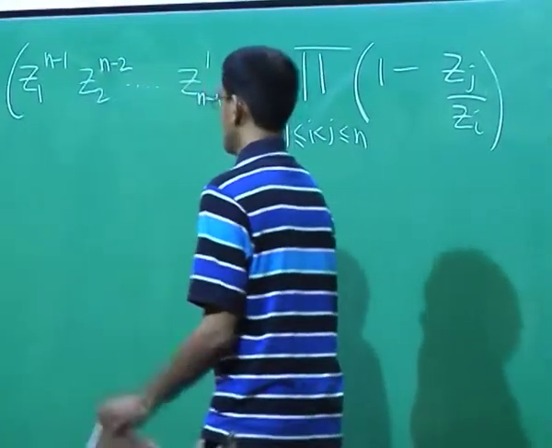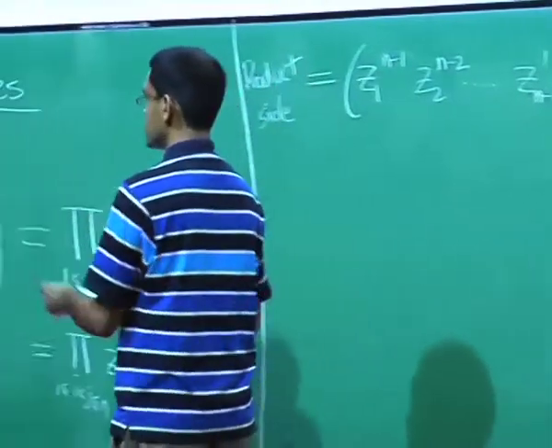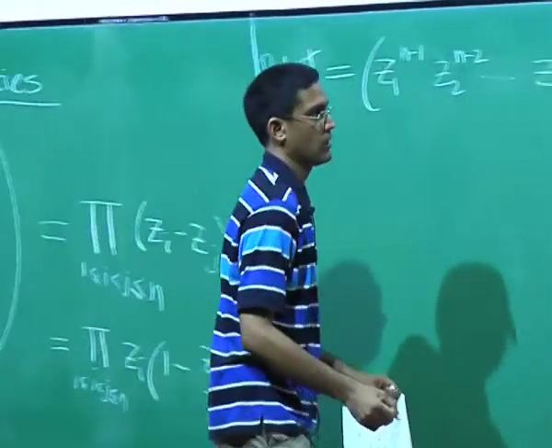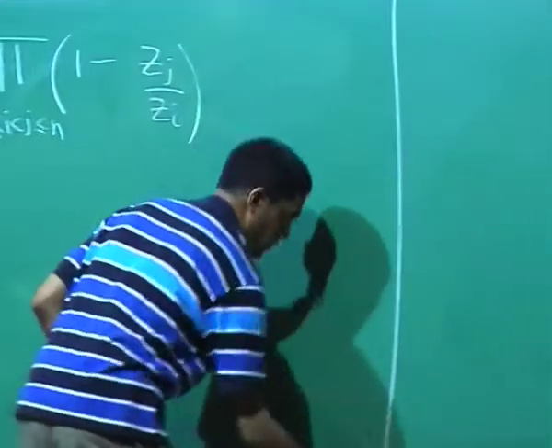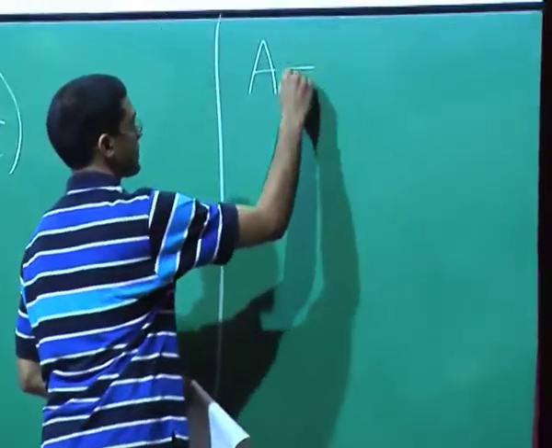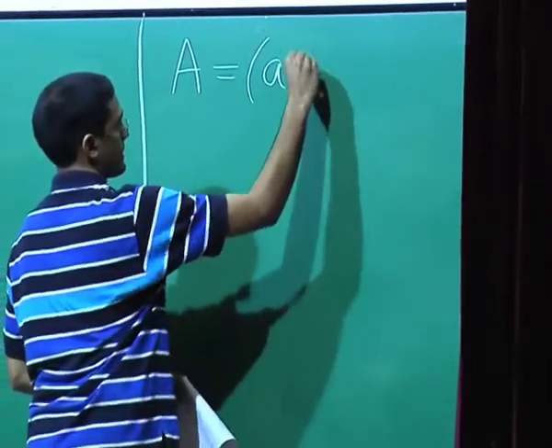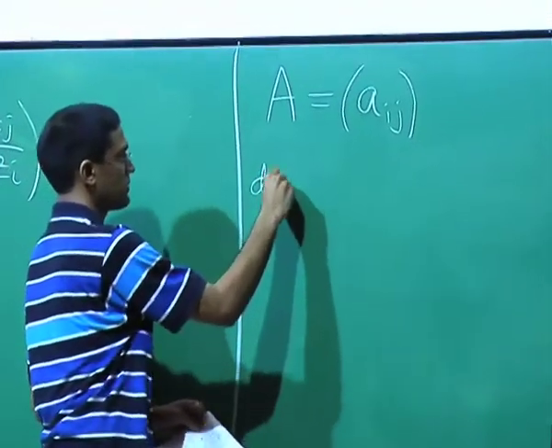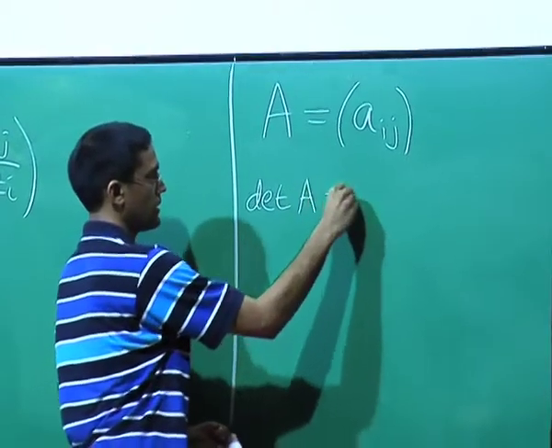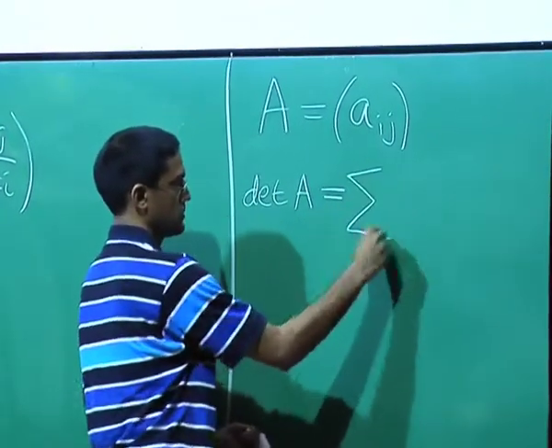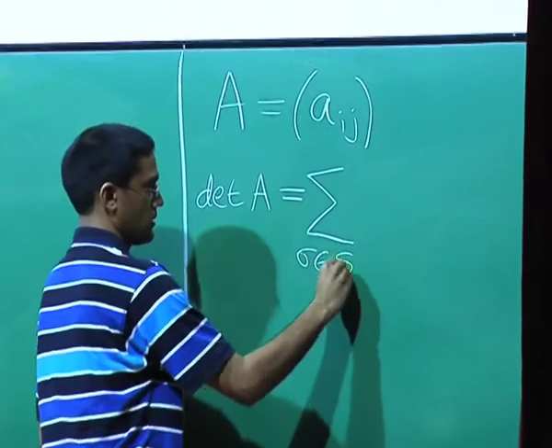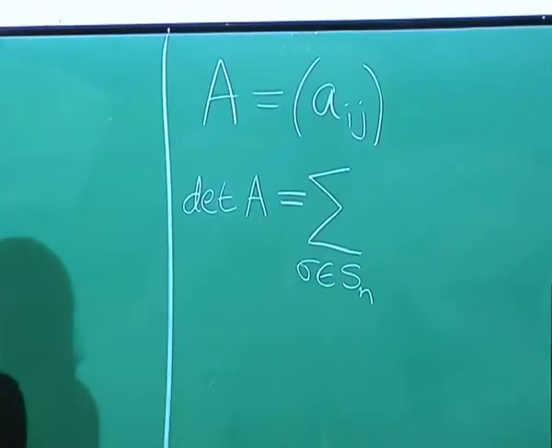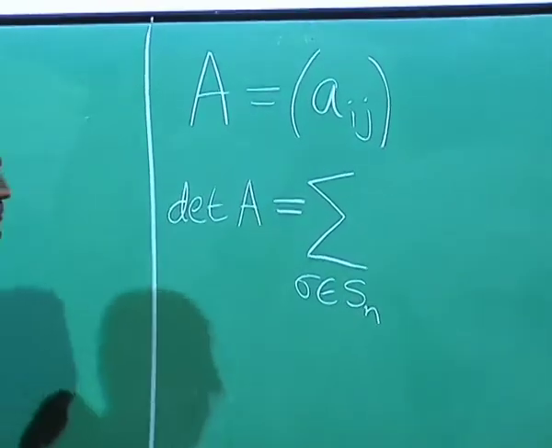Now, what are the other terms you get when you do the determinant? Recall, if you are attempting to compute the determinant of any n cross n matrix, what's one way of writing the determinant out? The determinant of A is really the following. Again, I'm confident most of you would have seen this, the full expansion.